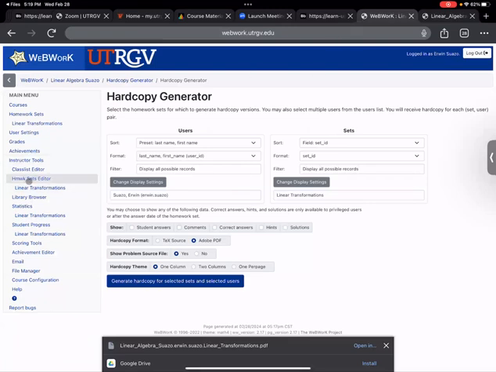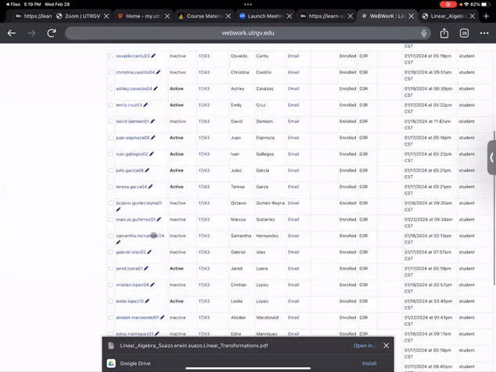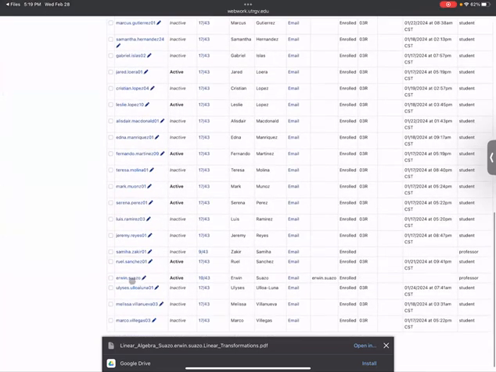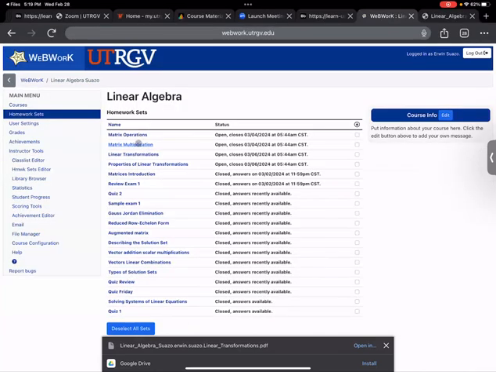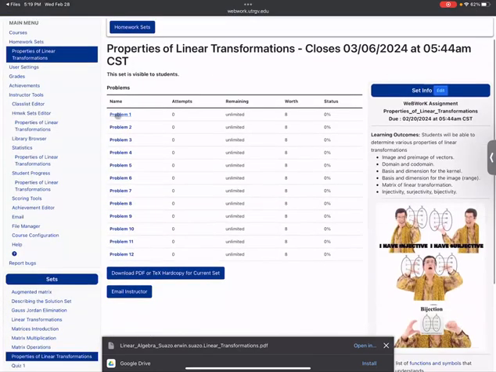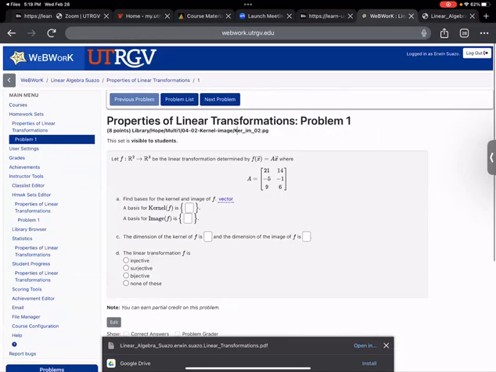And then the last one, properties of linear transformations. Okay, so this one, you guys are not ready for it, okay?